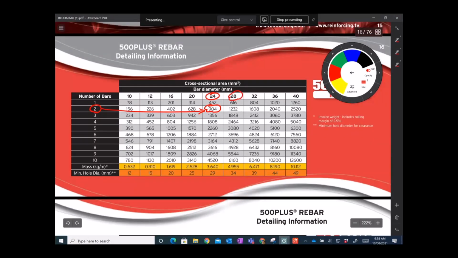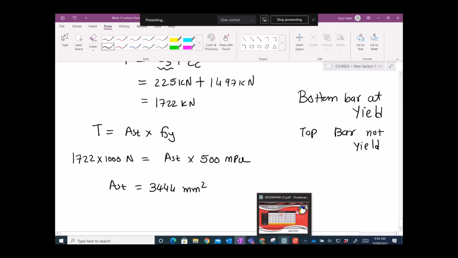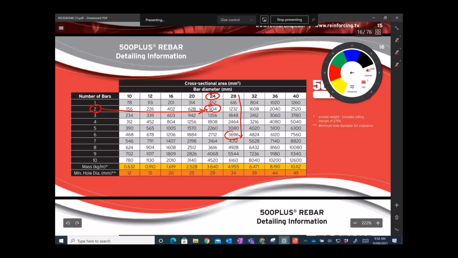We're not using N28. Of course, our initial assumption was 28. But look, we don't want to order two different sets of bars. So if you put N24 top, I also encourage you to put N24. But of course, for the calculation purpose, if you want to use this one, you can use 3444.